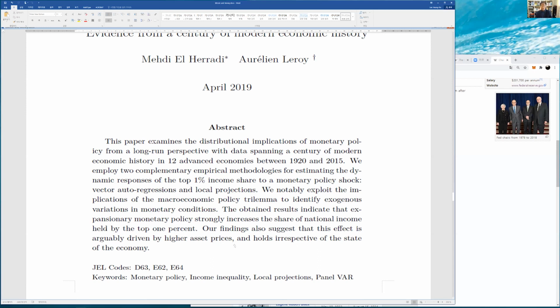So this effect, inequality, the top 1% getting all the benefit of money injection, is happening throughout the whole world because the U.S. dollar is the reserve currency.